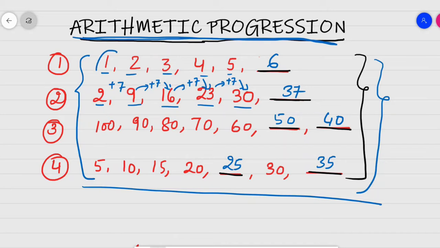The first number is 1. When you add 1 to it, you get 2. When you add 1, you get 3, the next number. Like this, when you add a fixed number to the preceding number, you get the next number, and like this it is progressing forward. This type of sequence is known as an arithmetic progression.